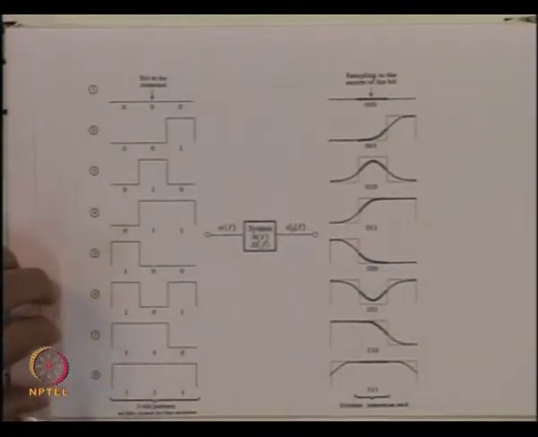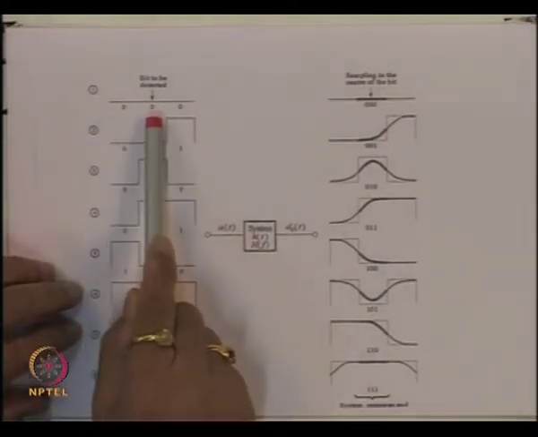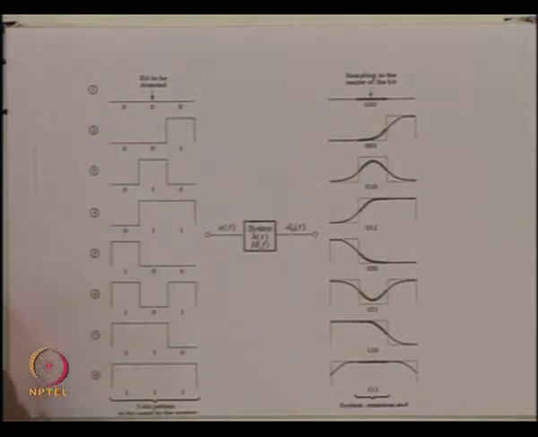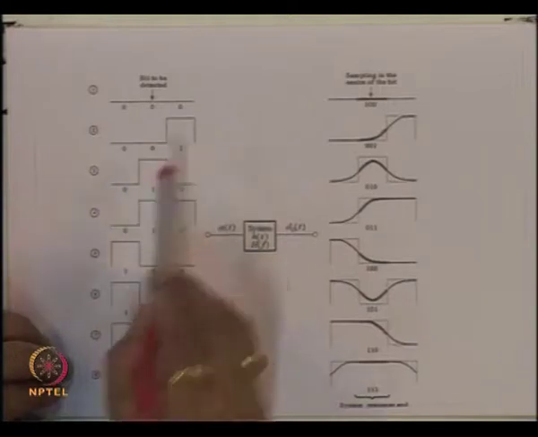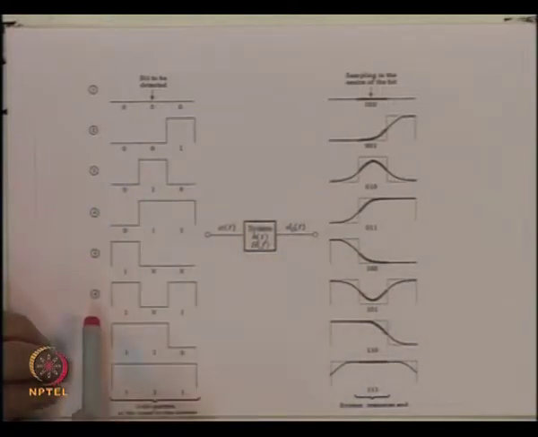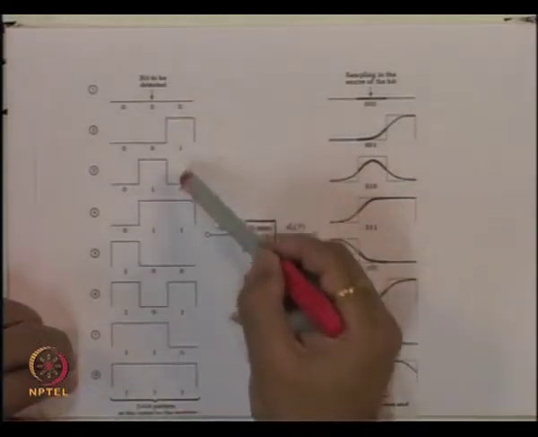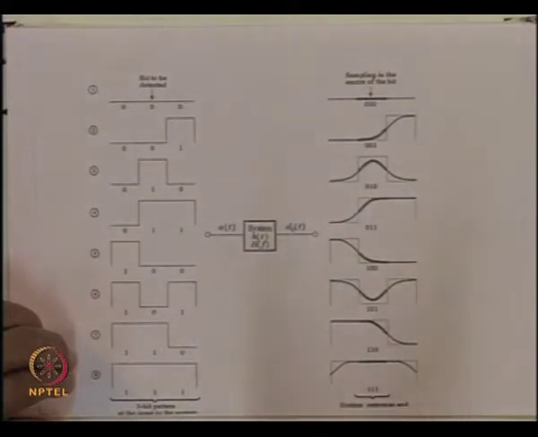We have various possibilities: either we can have 0 0 0, or we can have 0 0 1, or we can have 0 1 0, or we can have 0 1 1 pattern, and so on. So, these are the 8 possibilities if you consider a pattern of 3 bits.